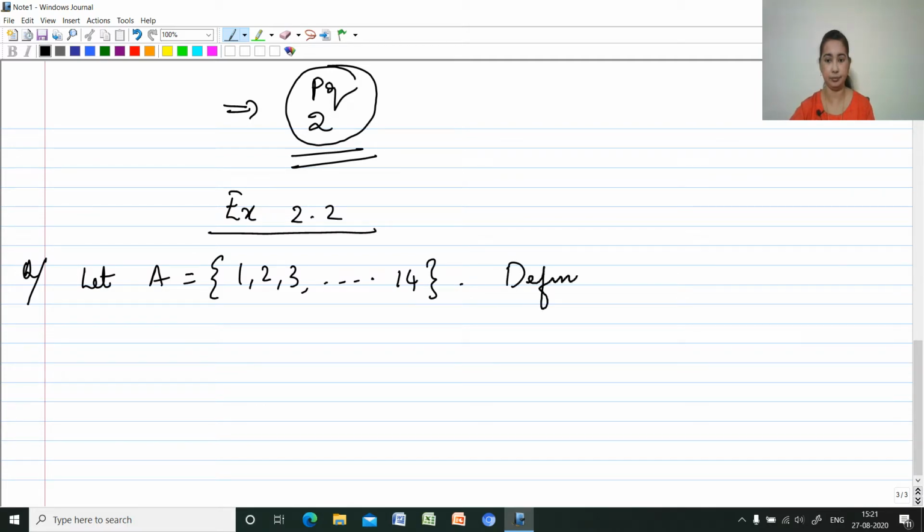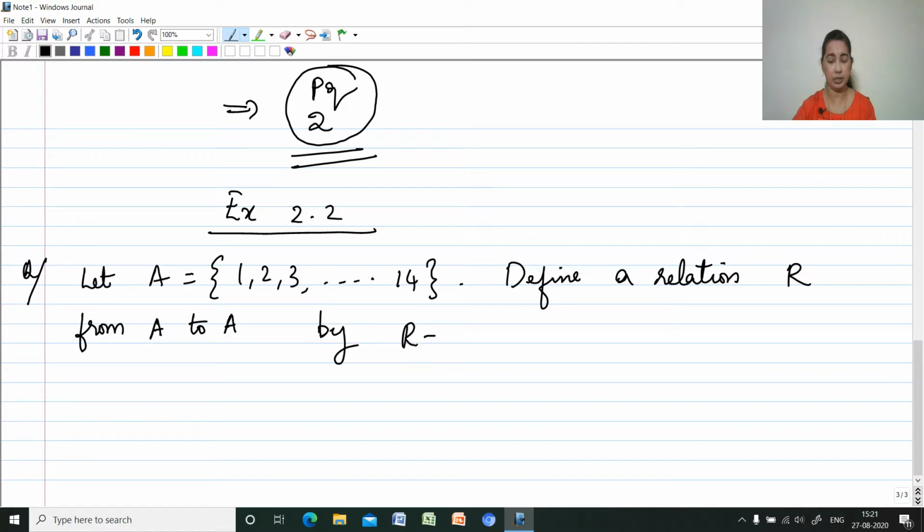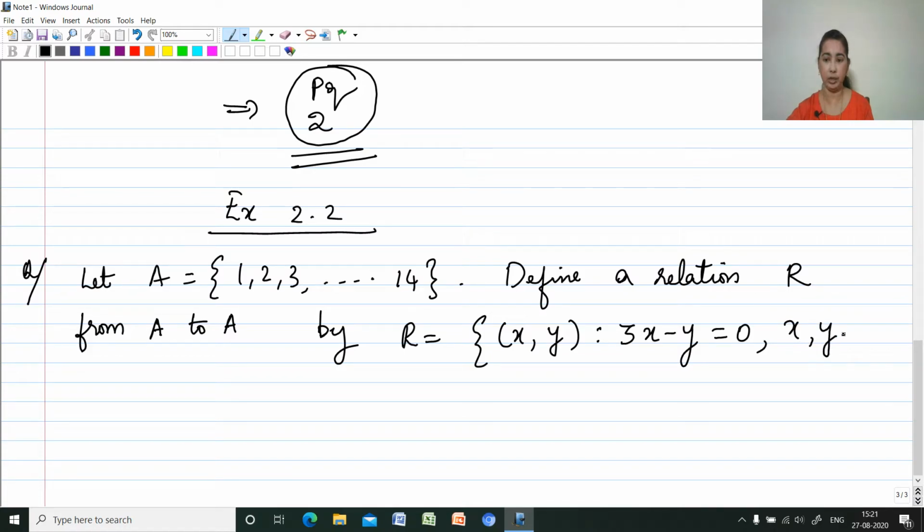Define a relation capital R from A to A by R is equal to the set of ordered pairs x comma y such that 3x minus y equals 0, where x comma y is an element of A.